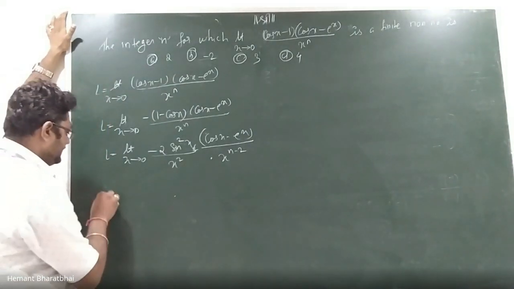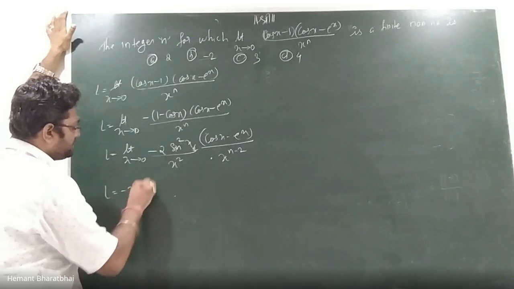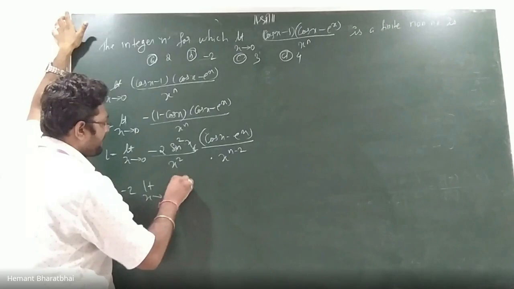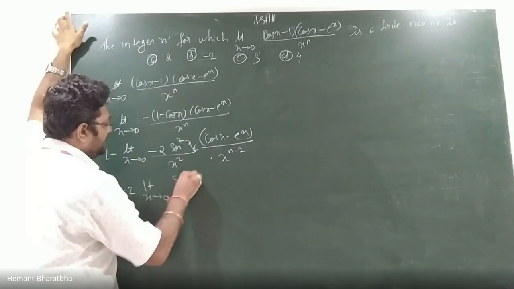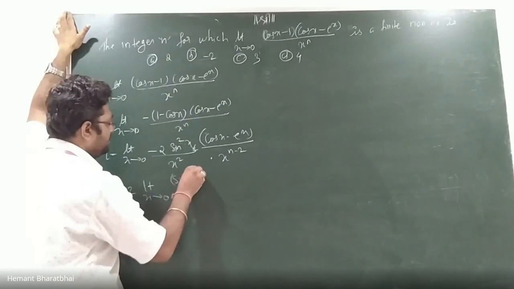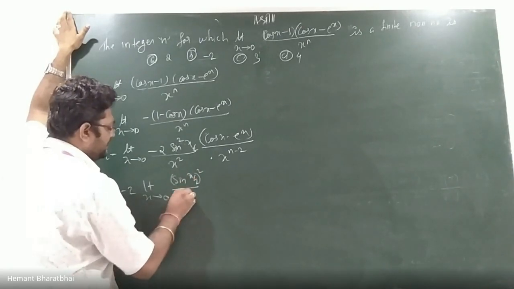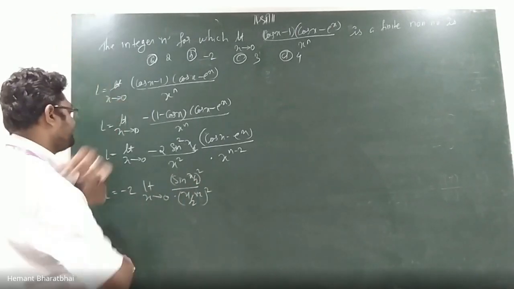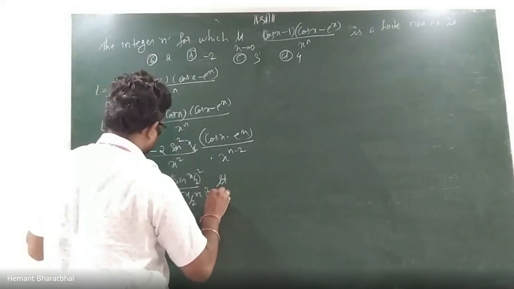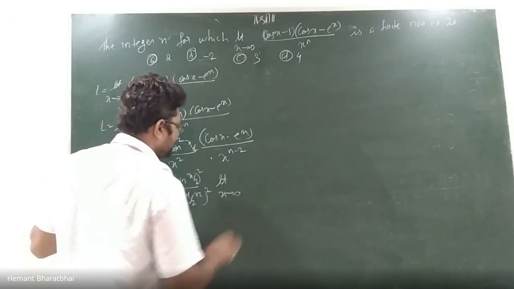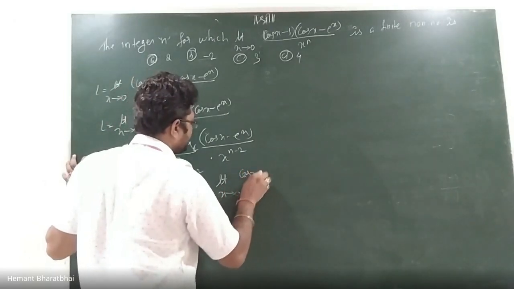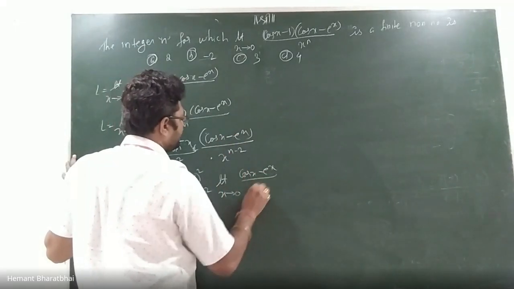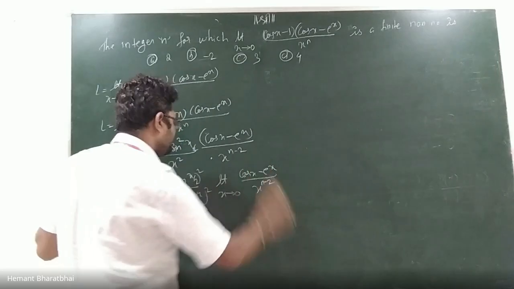So I'll take minus 2 outside, limit of x tends to 0, sine of x by 2, the whole square. Here also I should get x by 2, so sine of x by 2 upon x by 2, the whole square, and this will become limit of x tends to 0 of (cos x minus e raised to x) upon x raised to n minus 2.